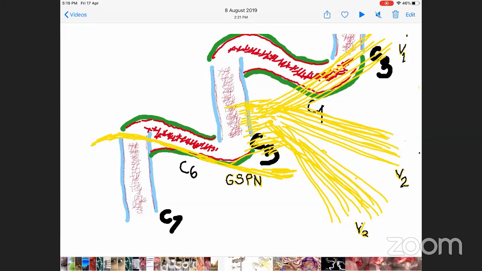Parallel to the C6 segment, the petrous segment, there is a nerve that runs, the GSPN, just on top of the C6 segment. The GSPN joins with the lesser petrosal and becomes the Vidian nerve at the C5 region. So the C6 to C5 region is called the foramen lacerum.